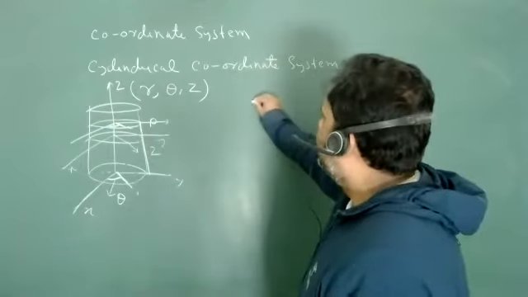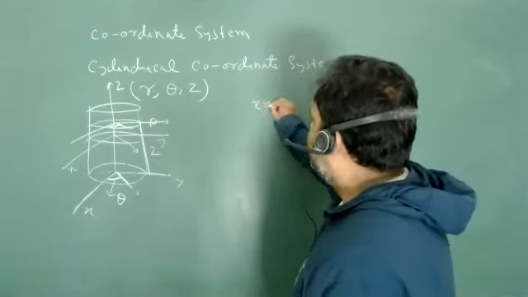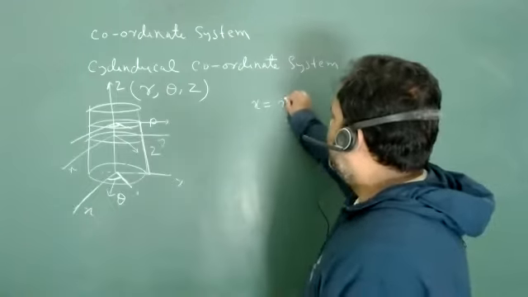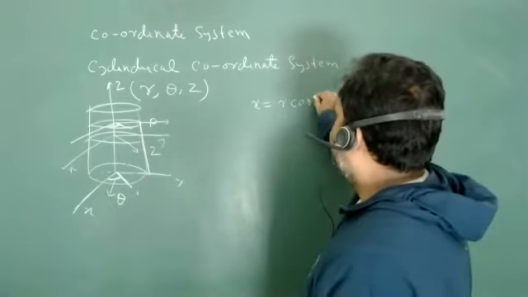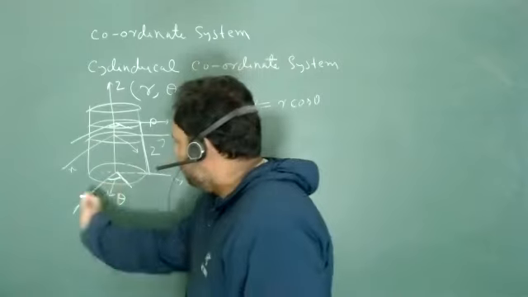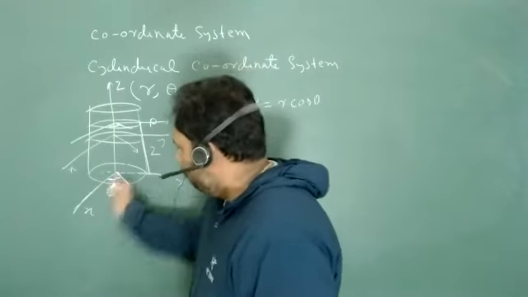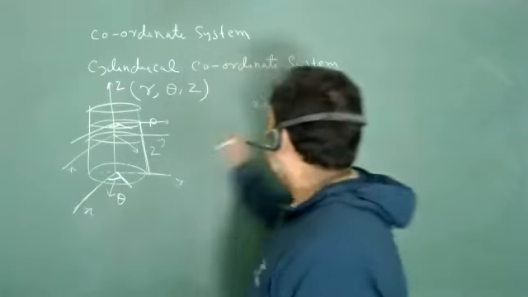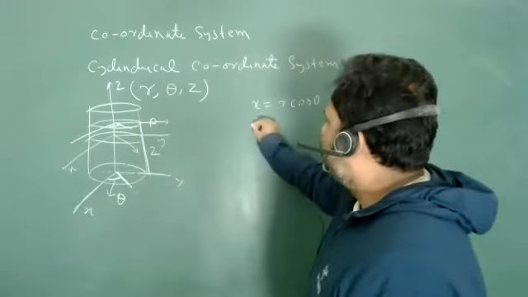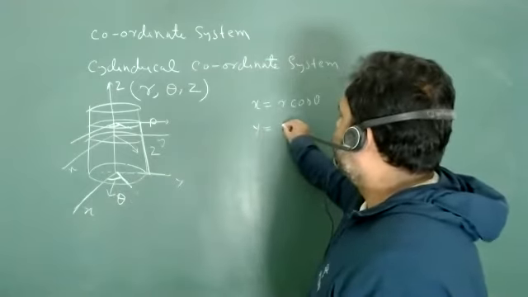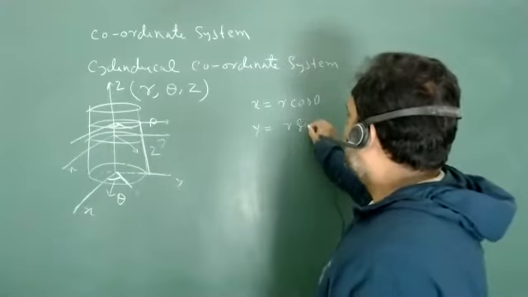So can I write what will be my x? x can be written as r cos theta, isn't it? You can take the component towards x, which is nothing but r cos theta. Similarly, what is your y? y is nothing but r sin theta.